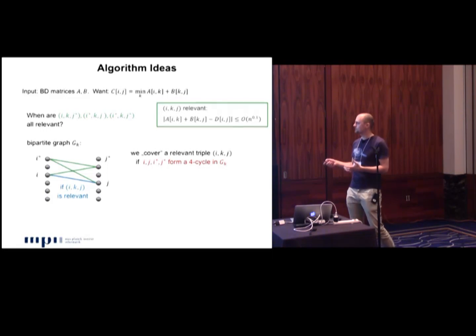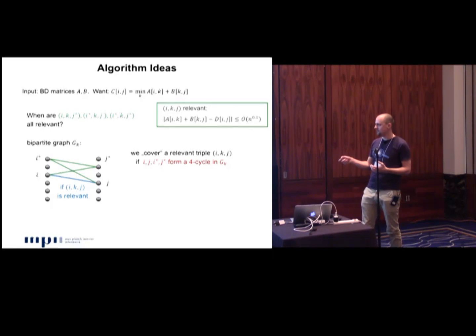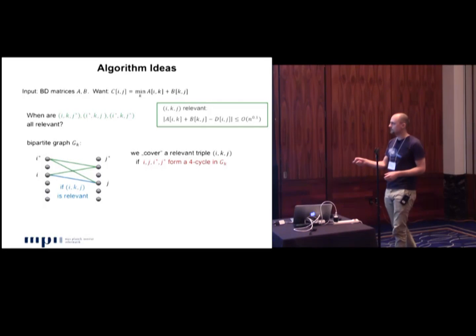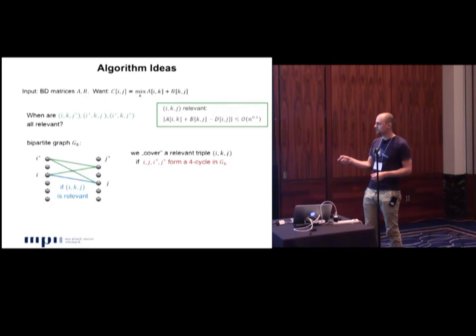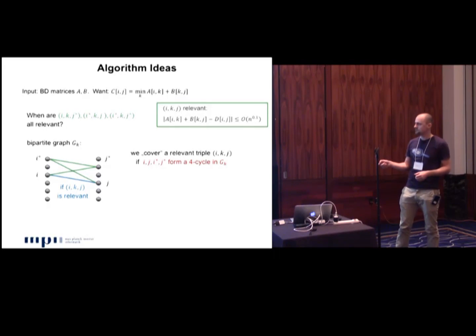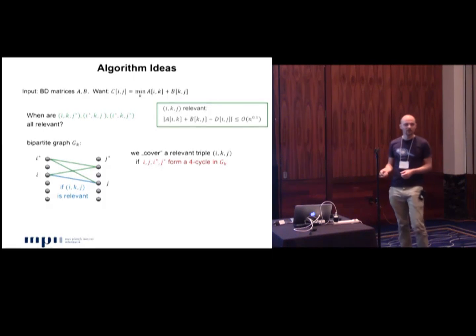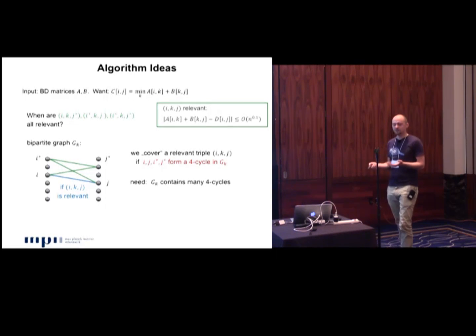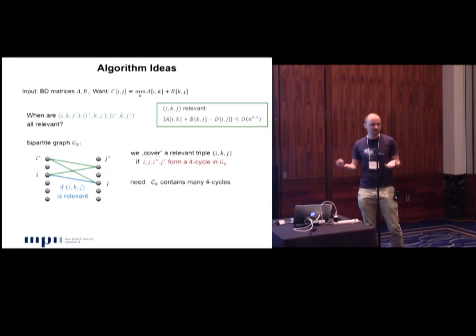And in this case, we said that we cover this edge, so that's the good case. So this happens if the random nodes I star and J star that we chose form a 4 cycle together with I and J. So what we need in order for this to be efficient is that this graph GK contains many 4 cycles.